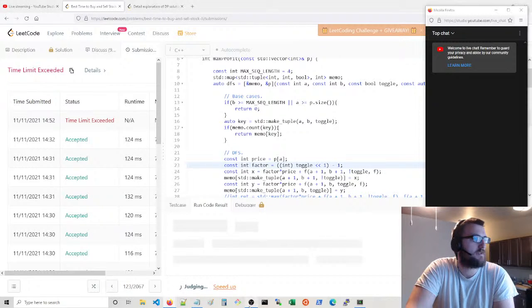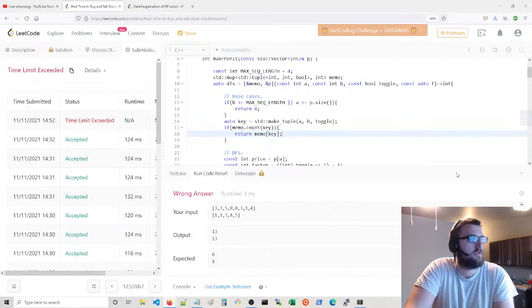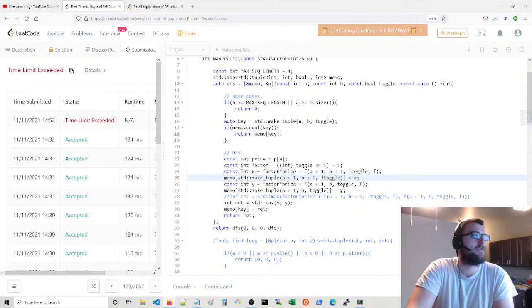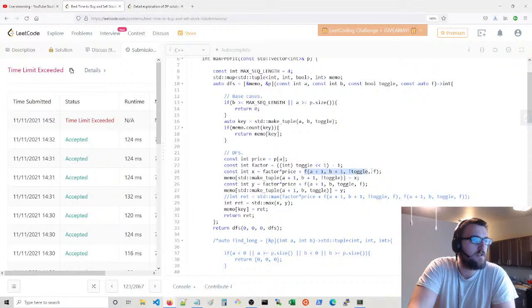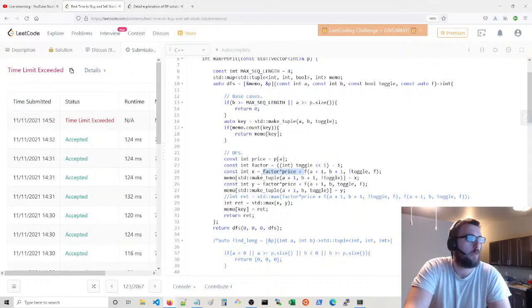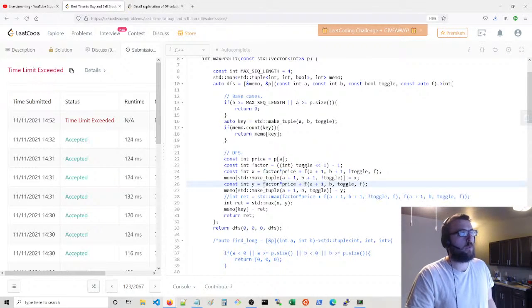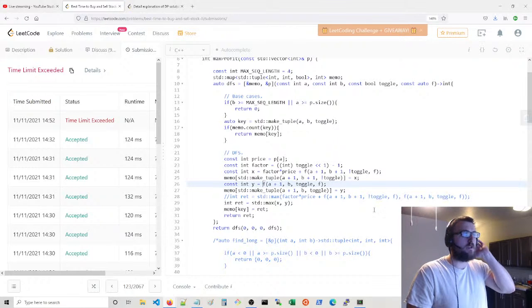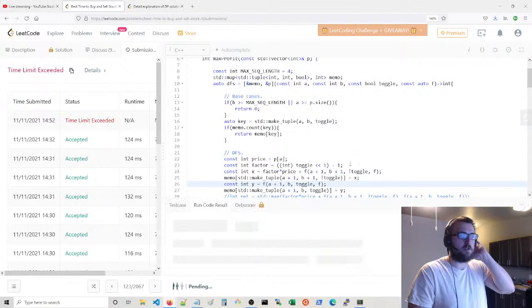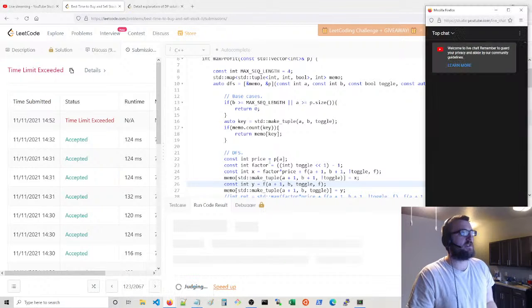I think it's going to TLE anyway. Wrong. Uh-oh. A couple things. I think this is still wrong, by the way. I did a few things wrong when I translated this.